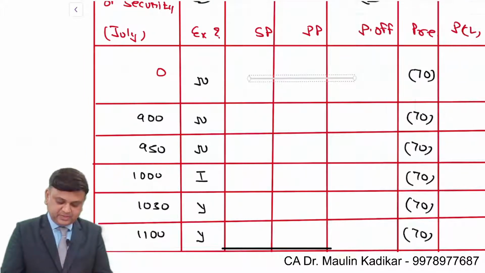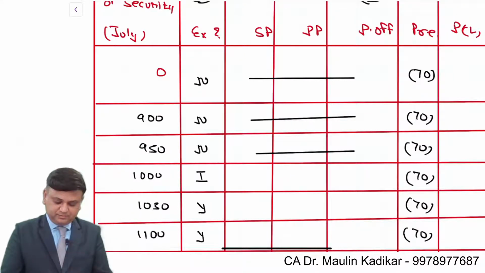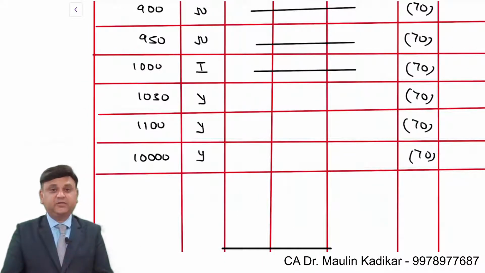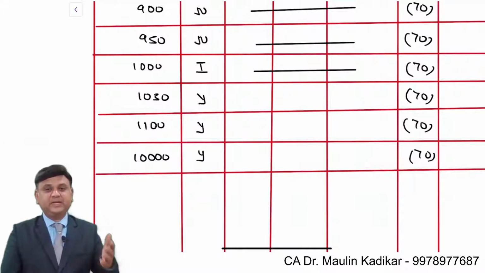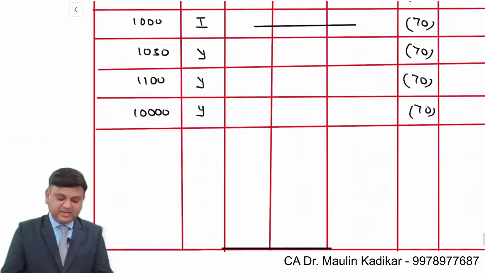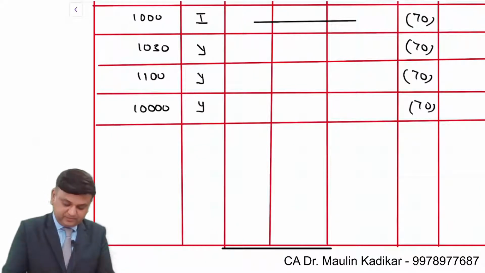Over here the payoff is zero. Again the payoff is zero. You're indifferent to exercising it, so again the payoff is zero. When the price is greater than 1000, you exercise your right. So in that case you buy the security at 1000 to be sold at 1050.